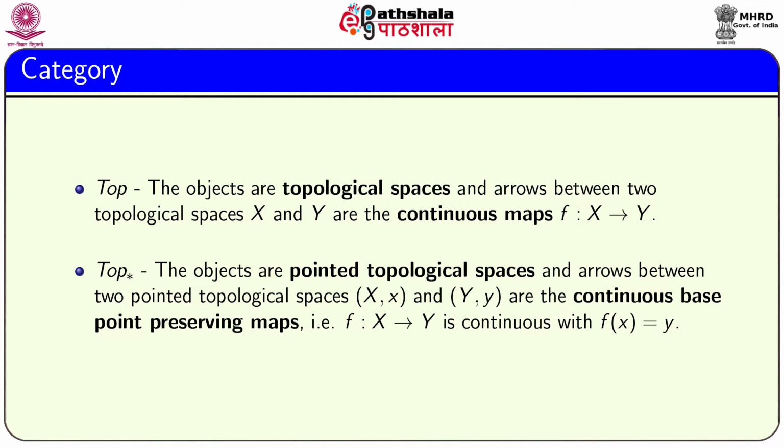We denote this category by Top star, where the objects are pointed spaces like capital X and a specific point x taken from capital X. So, the objects are the pairs (X, x), as well as (Y, y), where we take the point y from the space Y, and so on.